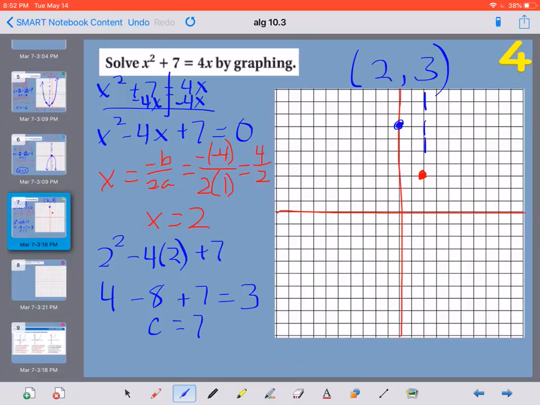If I label my axis of symmetry, 7 is 2 away, so I'm going to go 2 more away. Now it looks like this parabola is going up. In this case, it never is going to cross the x-axis. So we have no solutions, because there are no zeros on the x-axis.